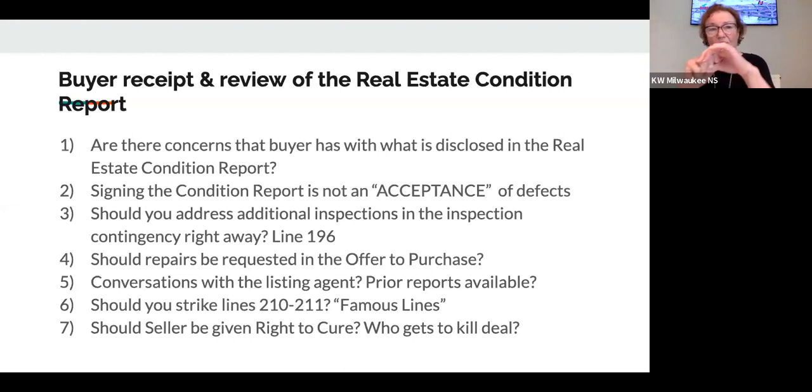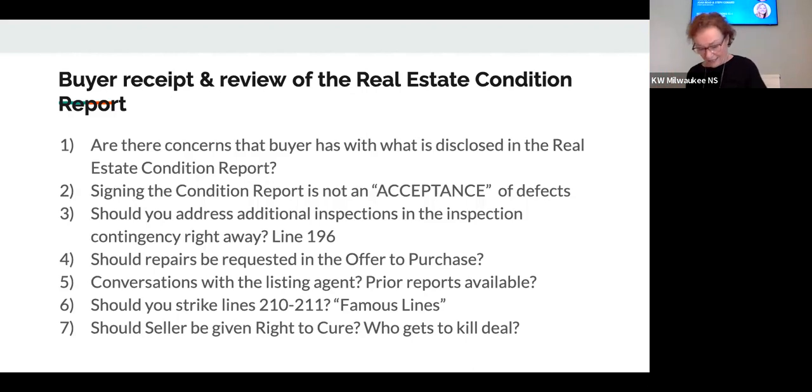So, buyer's receipt and review of the real estate condition report. This is why, from the very beginning, the real estate condition report does affect how we negotiate and deal with the defects that are found in the property after the inspection. So the buyer sees this notice of defect, hopefully prior to writing the offer.